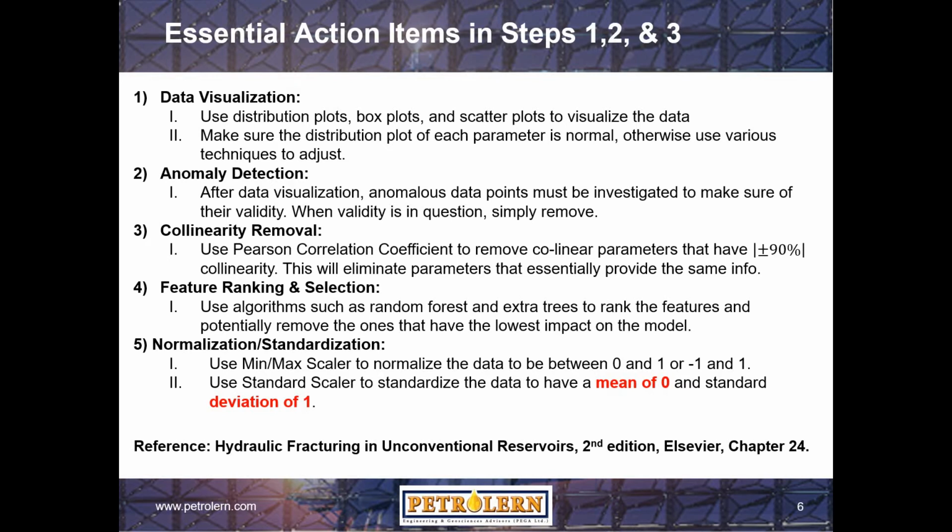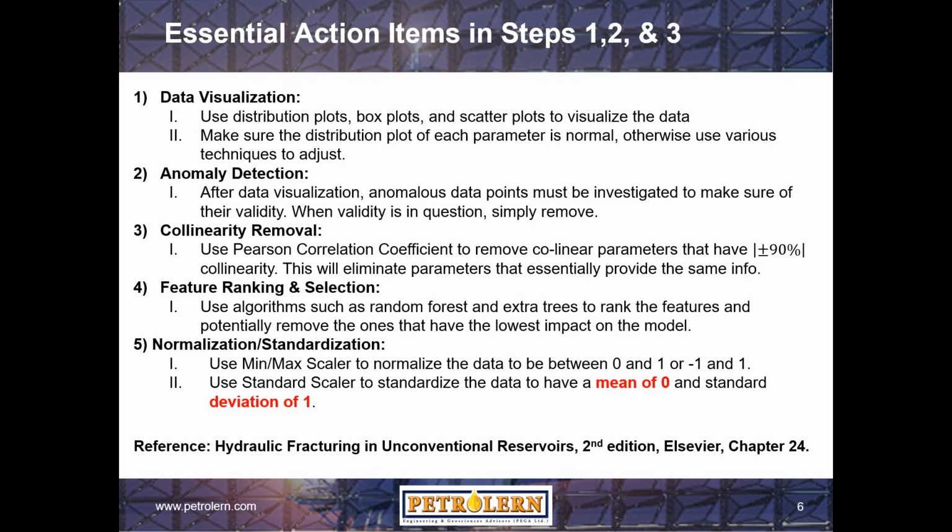And then the next step is collinearity removal. Collinearity removal is actually a very simple thing to do and is highly recommended, especially for parameters that are heavily collinear. For example, based on your domain expertise, you understand that sand per foot and water per foot are most likely going to be heavily collinear, because the more sand that you pump, usually the more water that you would pump with that, right?